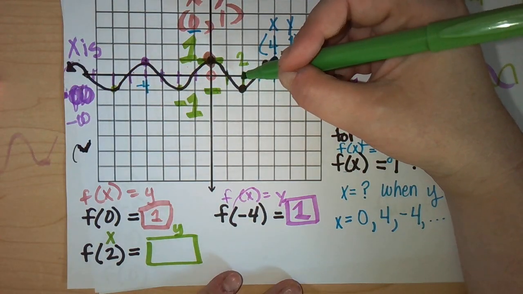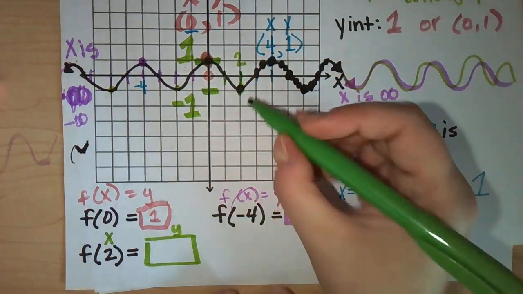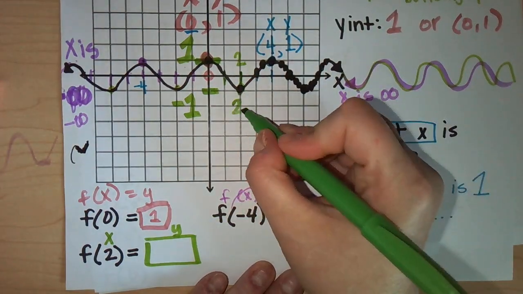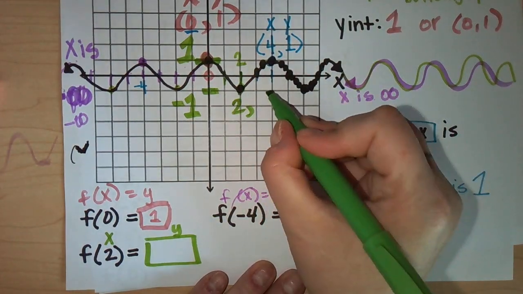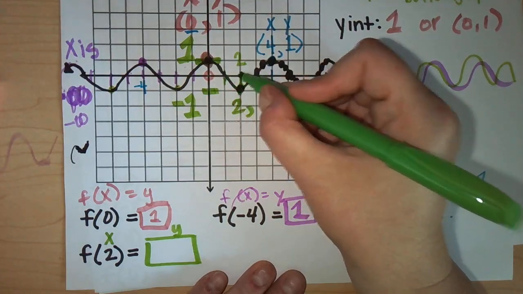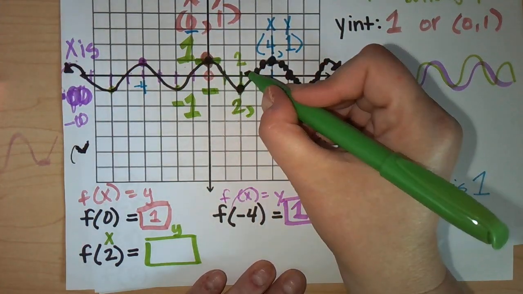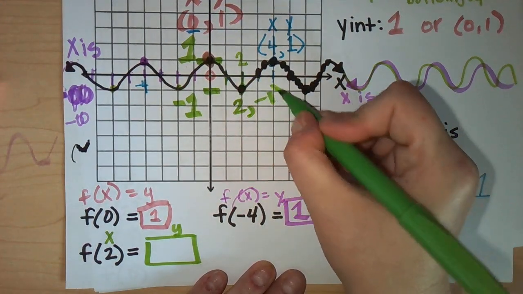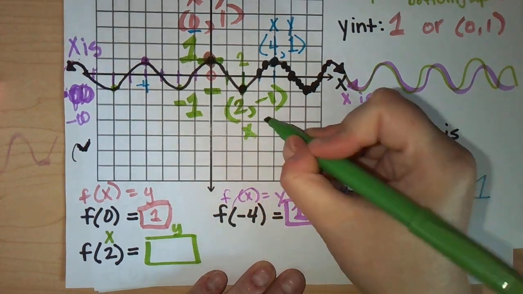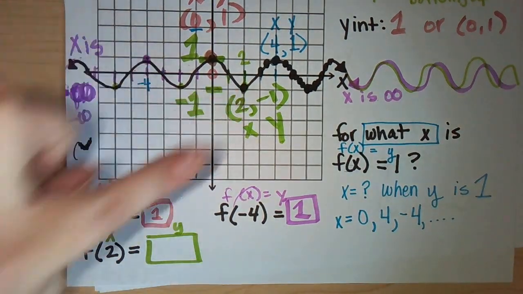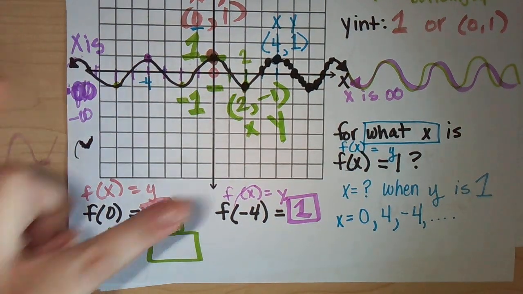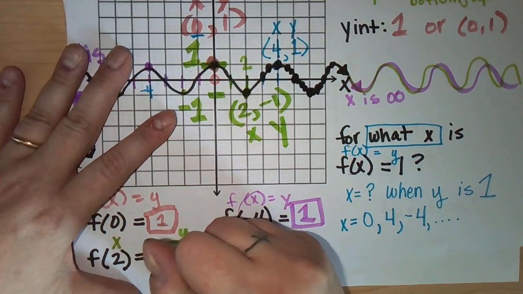So where do we have to go? We have to drop it like it's hot, down to negative 1, until we're on top of the point that looks like 2 to the right, down 1. So the x is 2 and the y value is negative 1.